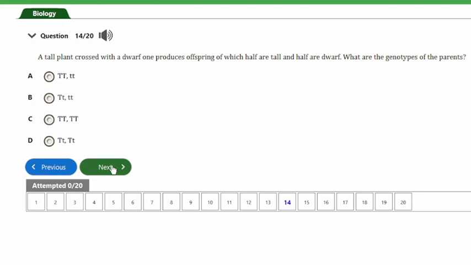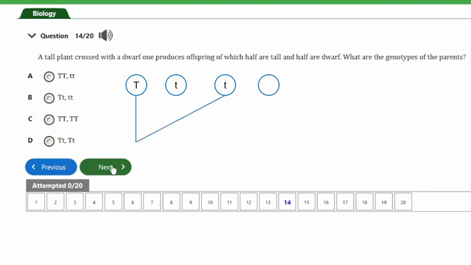and then homozygous recessive t. So if we want to test this to see if it's correct, let's go with capital T and small t, and then small t, small t. So we'll do capital T, that's the first T, to the first t, and that's capital T small t.